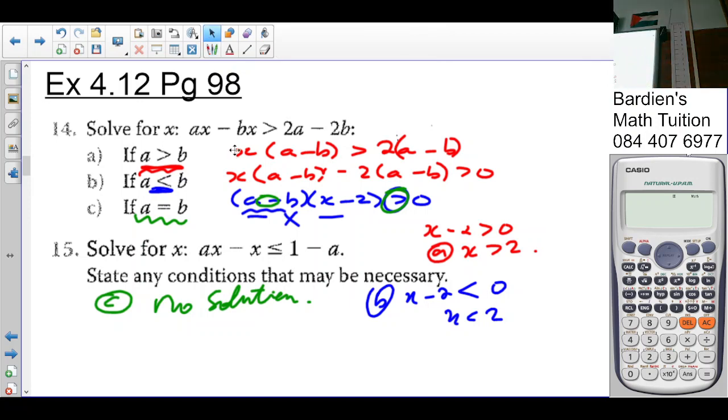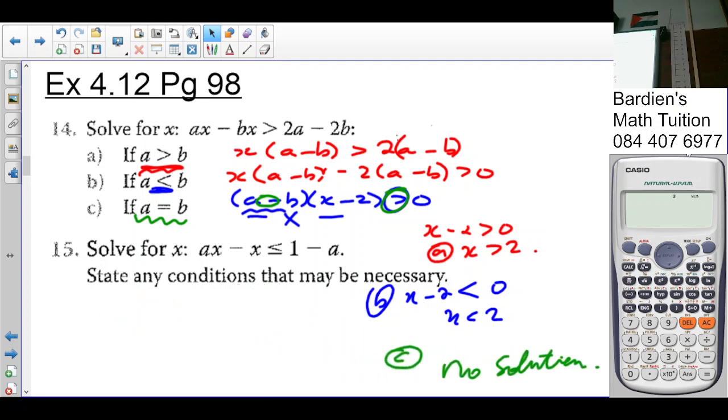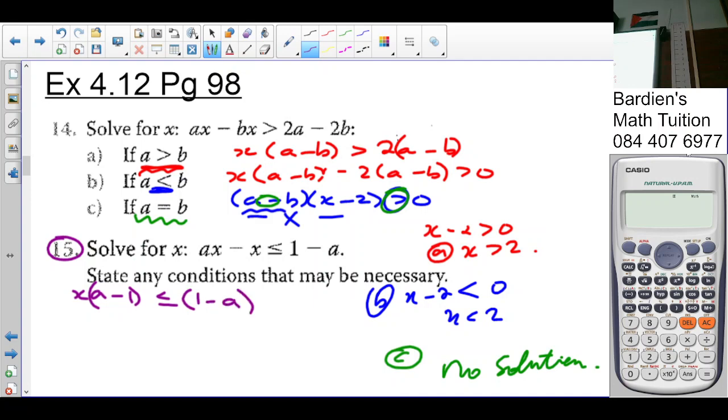Coming to number 15. It says solve for x. Taking out x as a common factor, x minus 1 less than or equal to 1 minus a. You get the a over the equal sign.